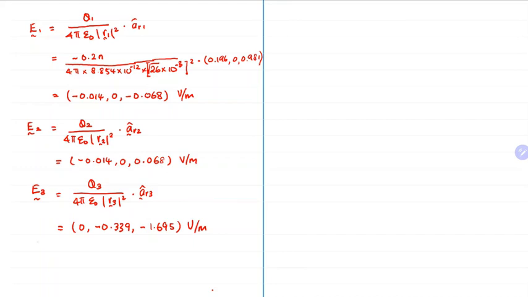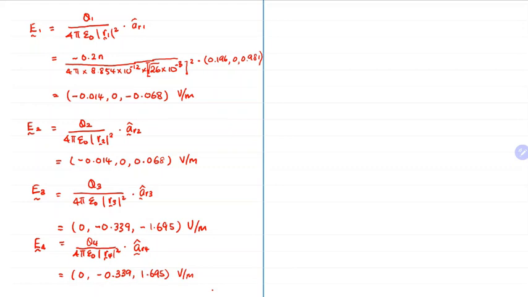And then E4 is Q4 over 4 pi epsilon naught, R4 squared, times unit vector R4, and that will give us (0, -0.339, 1.695) volts per meter.